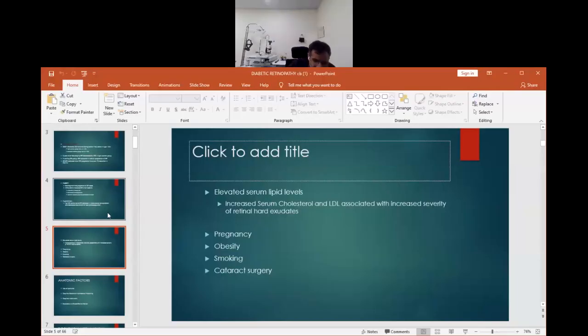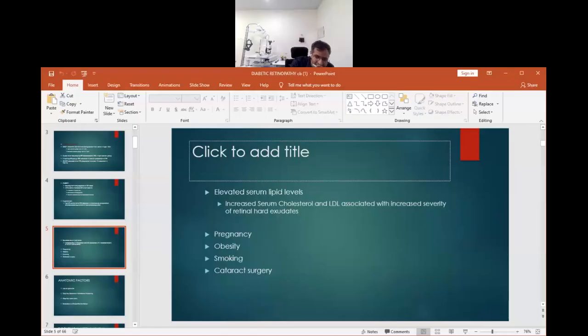Normally, what happens in diabetes when leakage is happening, it happens only towards the retina, not towards the blood vessel in the choroid or the retinal vessel. It is only coming out. Either there is a lot of retinal edema, then only it can go back, or you have to give fenofibrates, which can pick up the lipids from the retina.